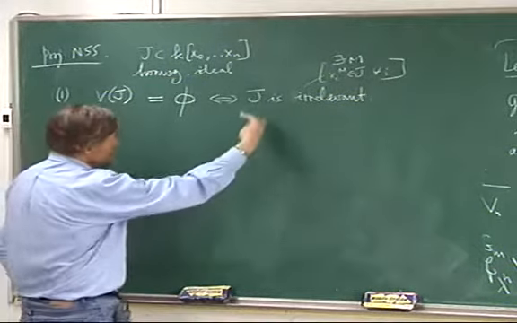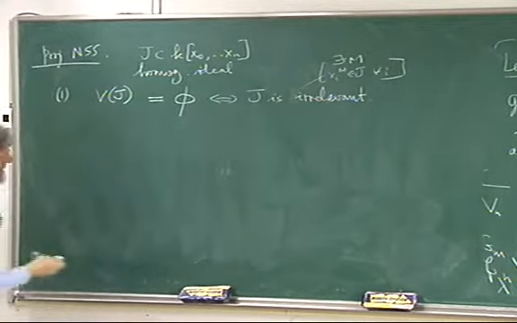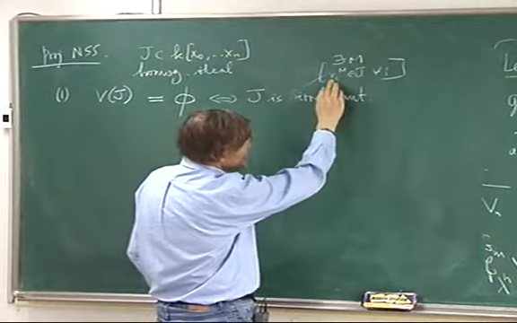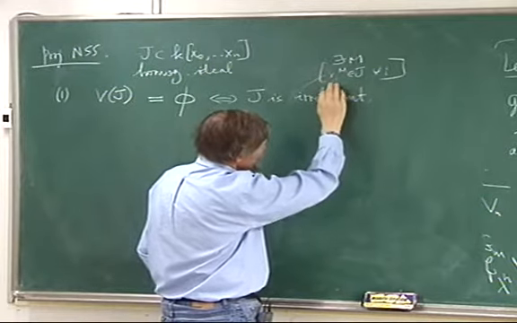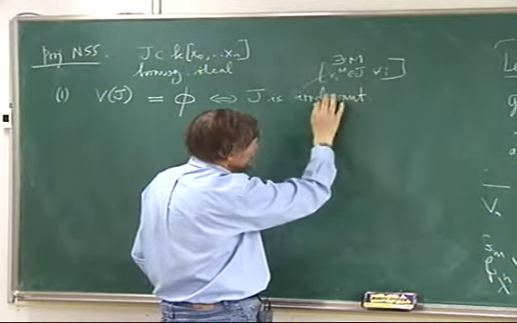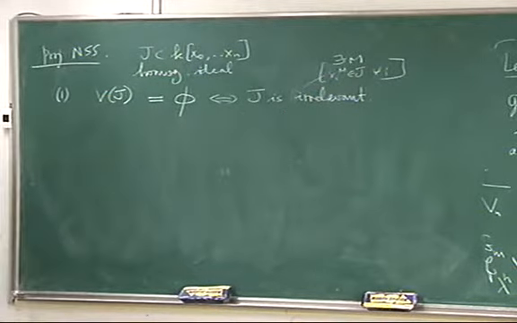So the implication that way is obvious. If J is irrelevant, I gave the argument already. All of the xi's, all of the coordinates of projective space, vanish on all the points. So the only possible point left is 0, 0, 0, but that's not a point of projective space, right?